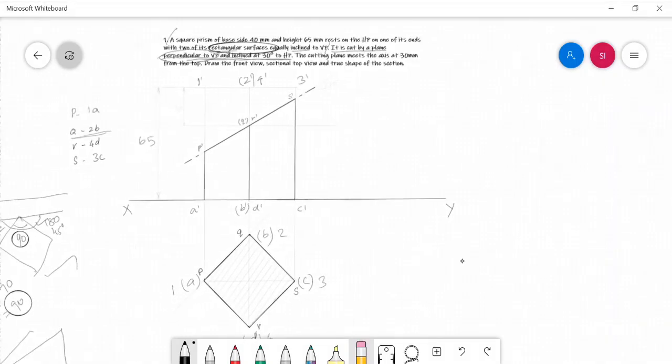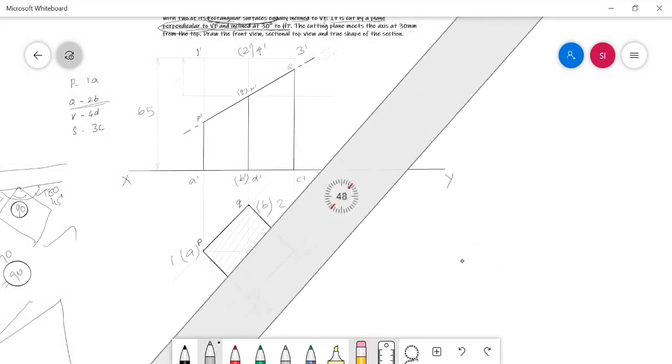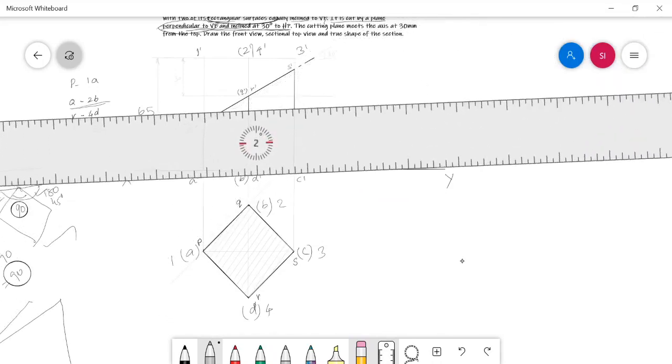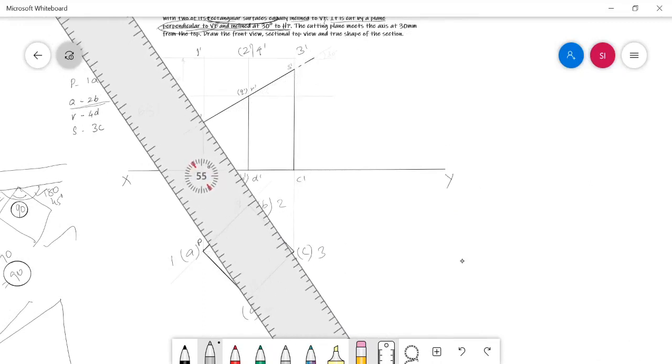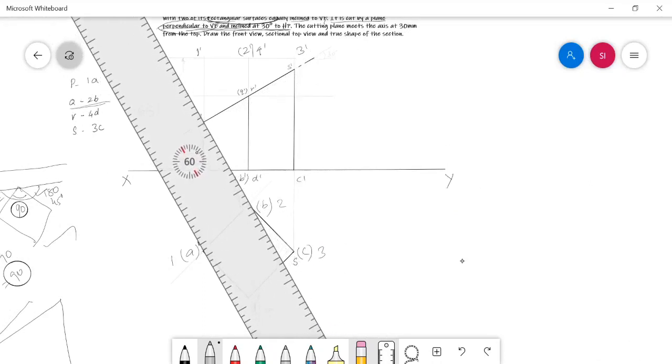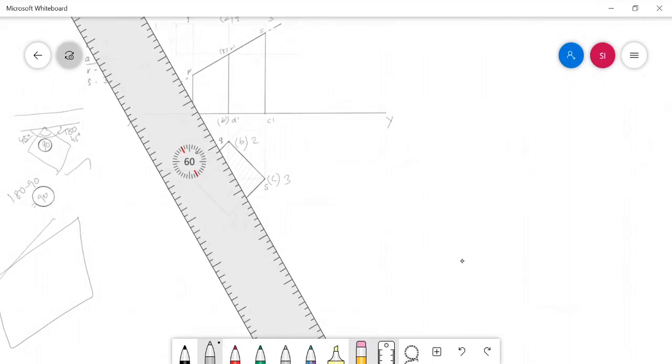See here, first, in order to draw the true shape of the section, you need to project each and every cut point from the front view perpendicular to the cutting plane. Keep your drafter perpendicular to the cutting plane and then project each and every cut point towards the top view area up to some maximum distance.